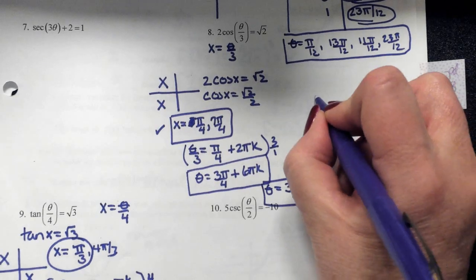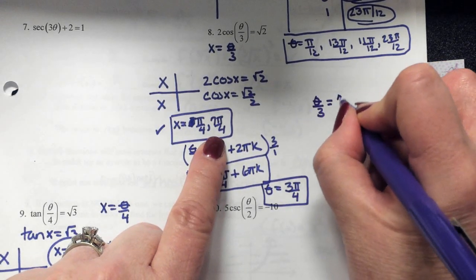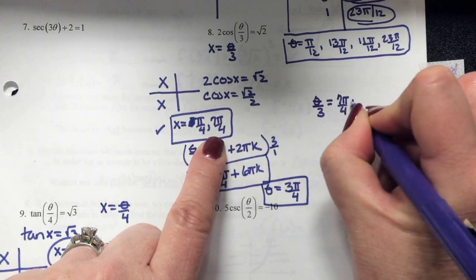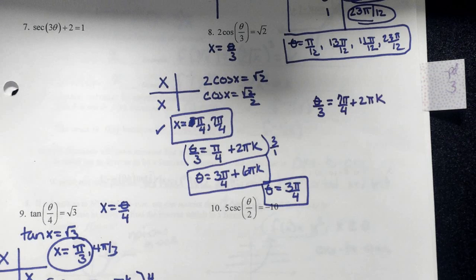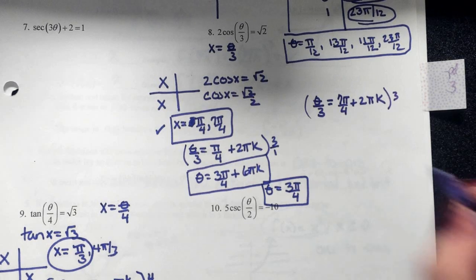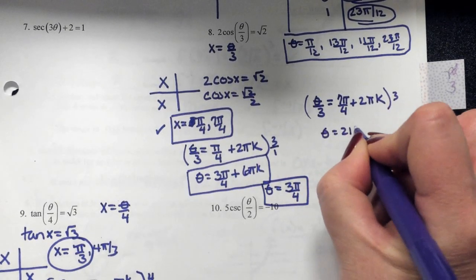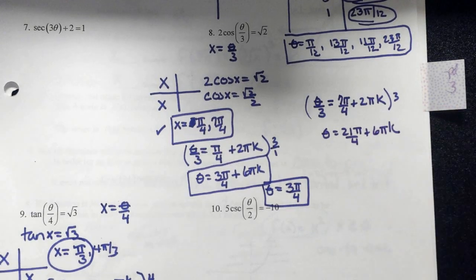So now I need to take theta over 3, set it equal to my other angle of 7 pi over 4 plus 2 pi k. So what am I going to do? Multiply everything by a what? 3. So theta is equal to 21 pi over 4 plus 6 pi k.